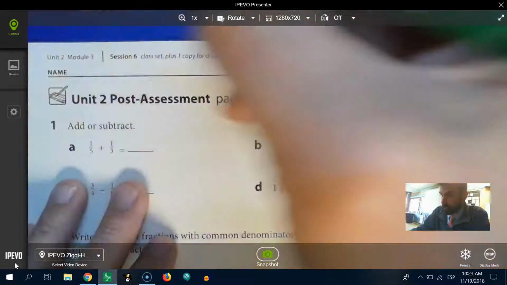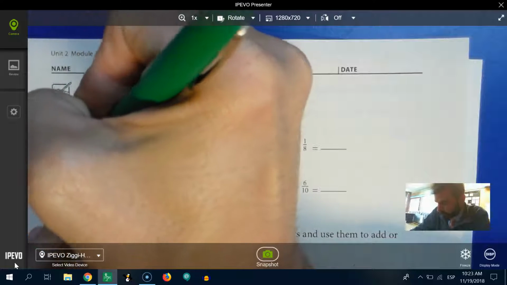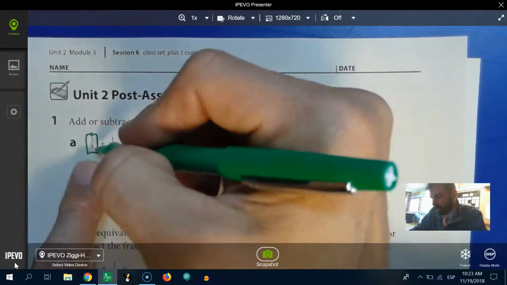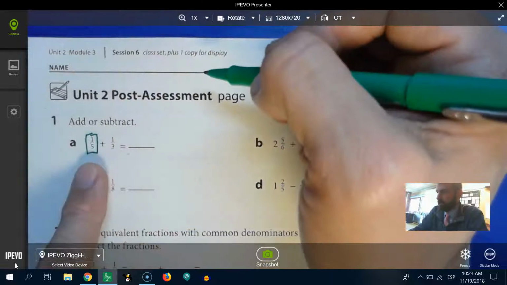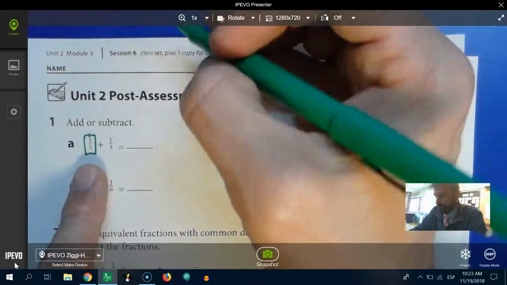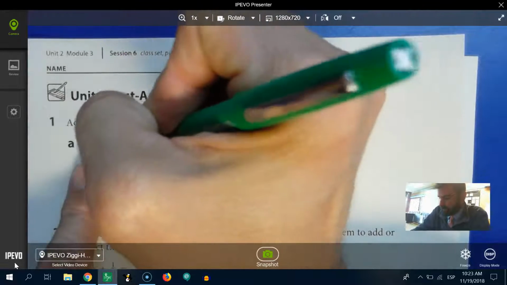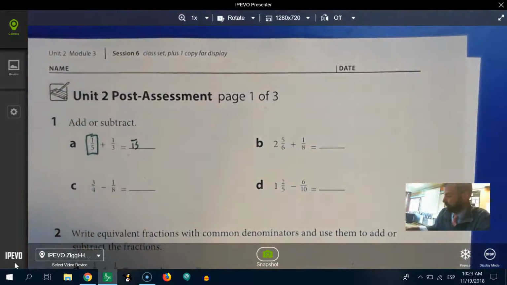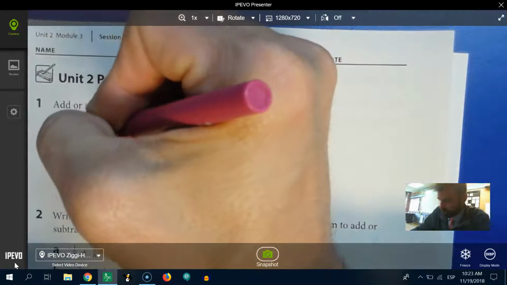So I'm going to try color coding this stuff so you can follow along. So this fraction, I'm thinking about fifths and thirds and what they have in common. I think just 15ths, right? 5, 10, 15ths. Yeah. And so I'm going to turn this into 15ths. And I'm going to be turning the other one, the thirds, into 15ths.